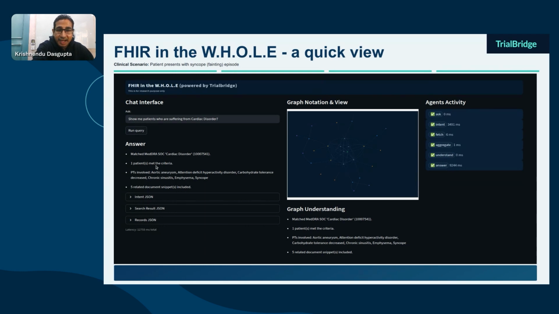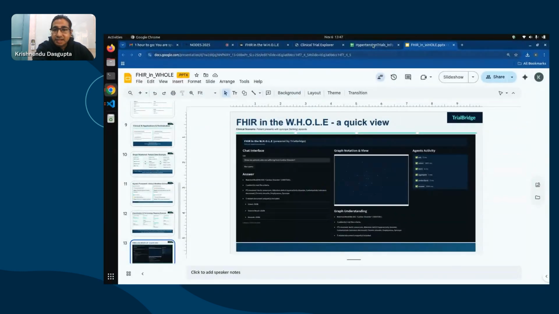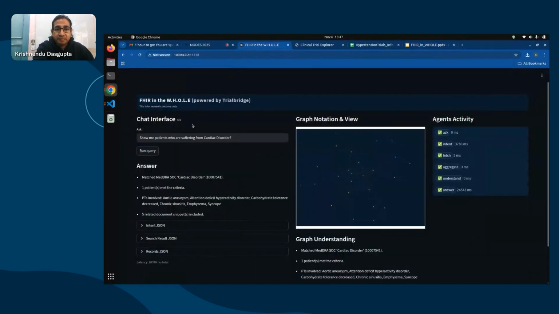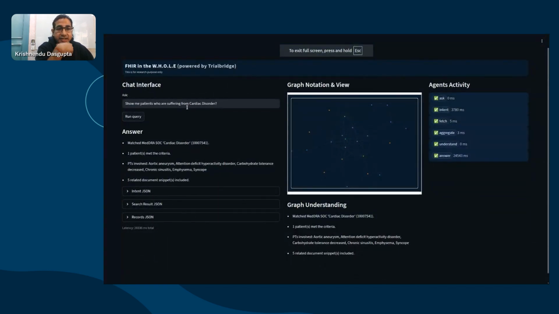So before that, let's quickly go to this. Yeah, I think everybody can see my screen, right? Over here, I have already run this, and I want to show you that this entire thing is running in a private compute.